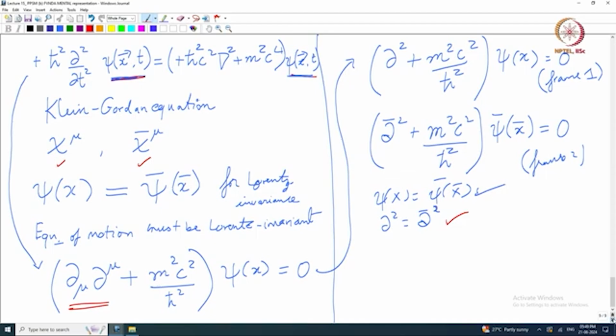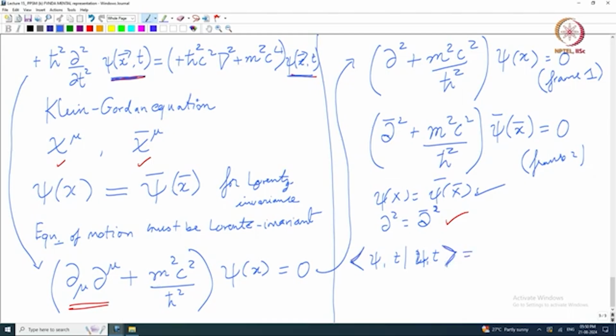Now, we have 2 derivatives of time, correct. So, let us take the norm of this state, the psi t, right. How do I write that?